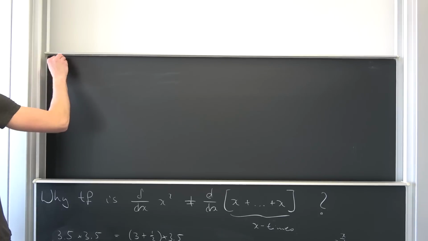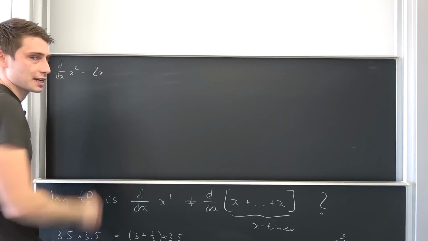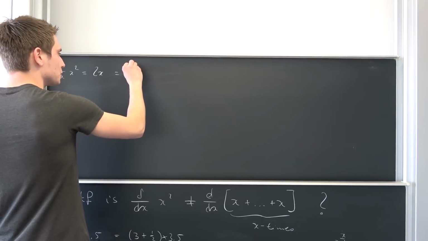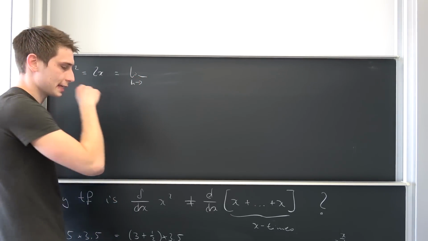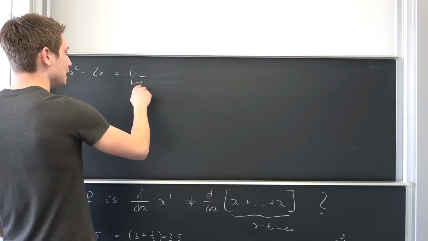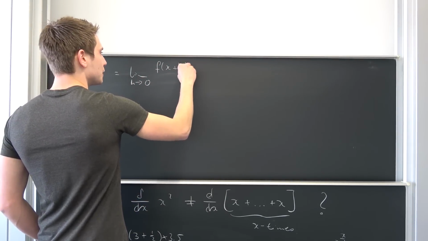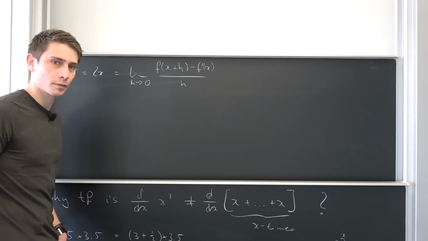So we know that d/dx of x squared is going to evaluate to 2 times x. Okay, but we also want to check if this is equal to the limit, as I'm going to put h right here in normal case, I'm going to put delta x, but that's so much stuff to write, as h approaches 0, of, well, our f of x plus h minus f of x over h.